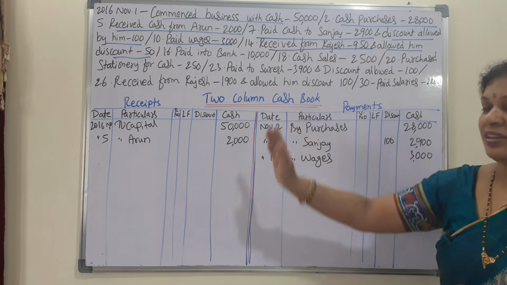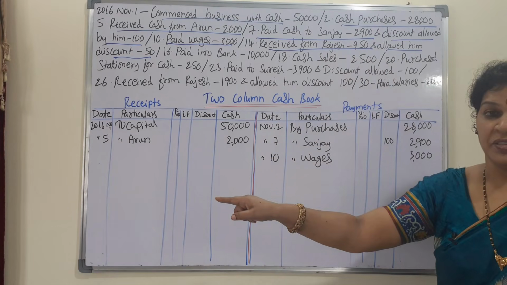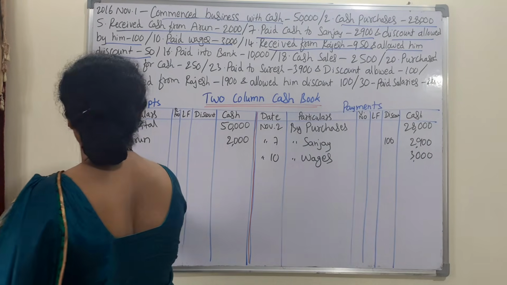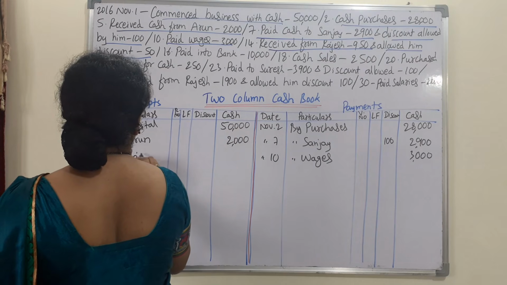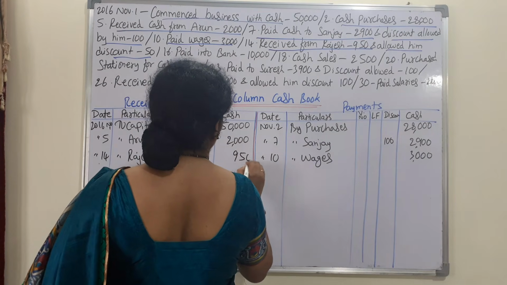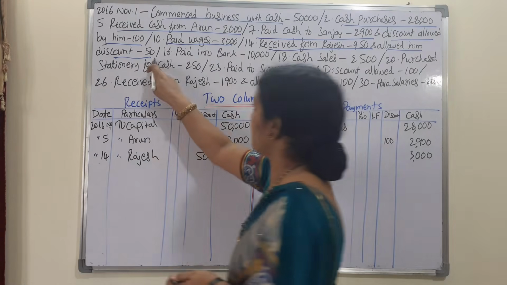That comes in the discount column. Received from Rajesh, it's a receipt. So on the debit side we write 14th, to Rajesh, 950 I am receiving and allowed him 50 rupees of discount.